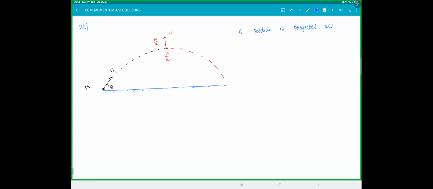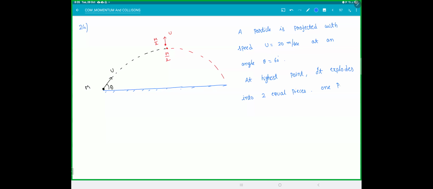The particle is projected with speed u, let's say 20 meters per second, at an angle theta, which is 60 degrees. So as this is flying at the highest point, for some reason it exploded into two equal pieces.